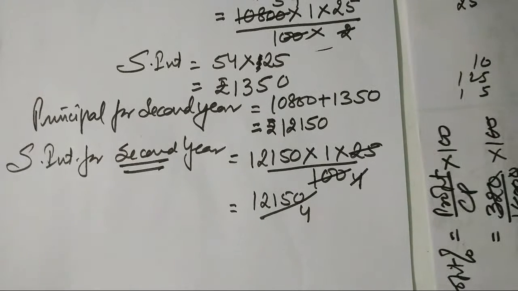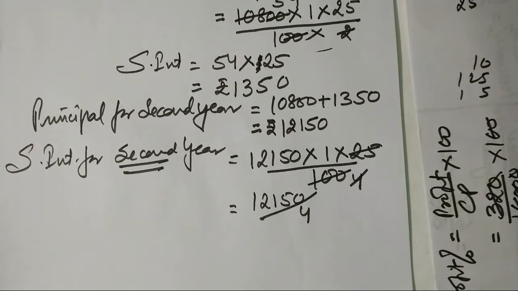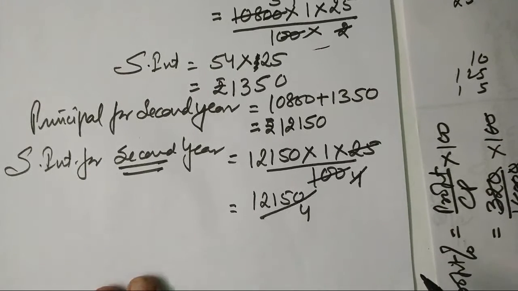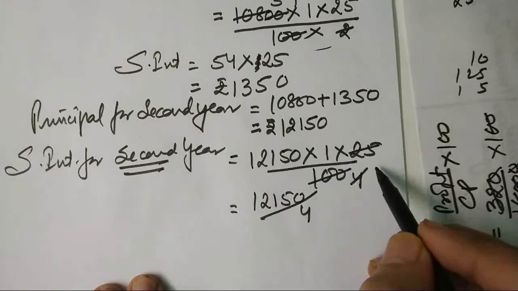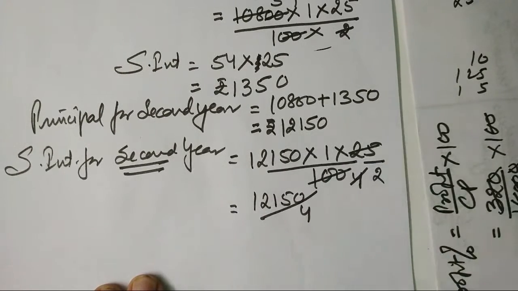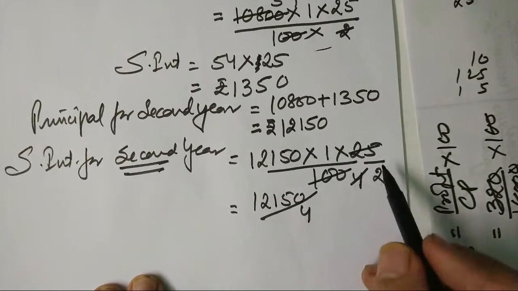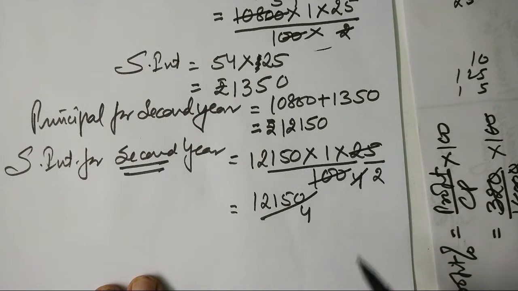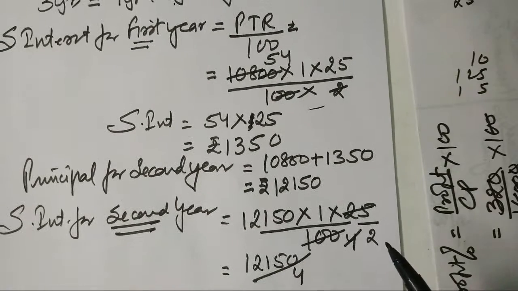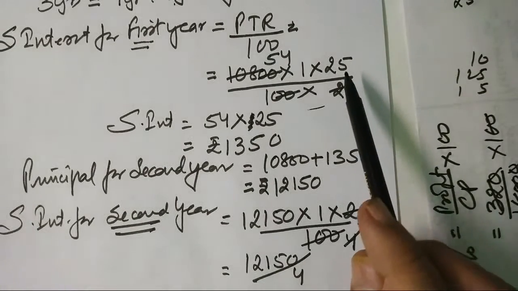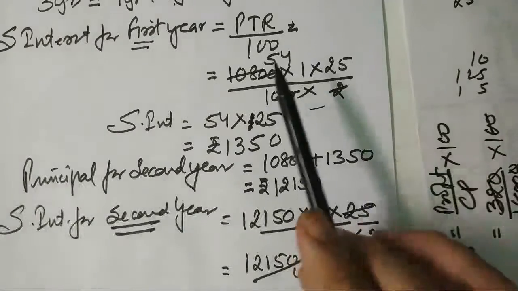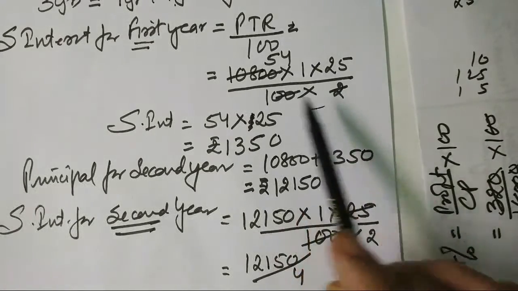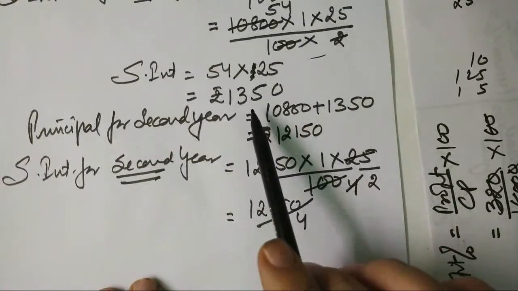When I divide this, it will give 2, and there is 2 also because it is 25 upon 2. So it is 25 into 4, and then 4, and then 2 is also there. So this 2 which we have used, this is 25 upon 2. We will divide this, and then it gives you this number.